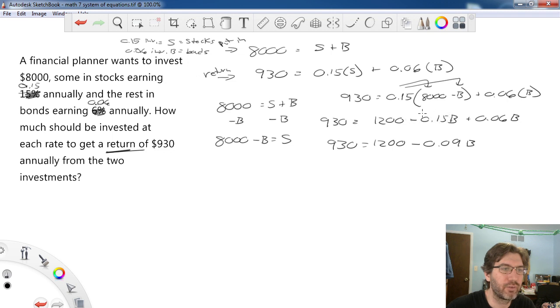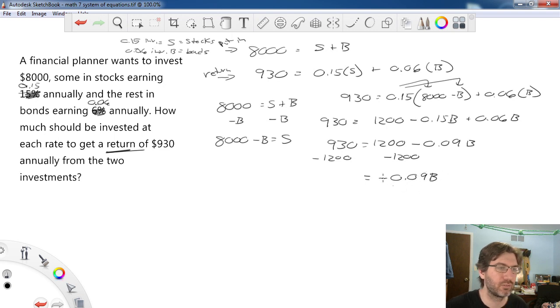The negative 0.15 plus 0.06 gives me negative 0.09. And this is going to be nice because when I subtract my 1,200 here and my 1,200 here, again, I'm going to get a negative number on this side and I'll have a negative number on this side. So this will leave me with negative 0.09b.